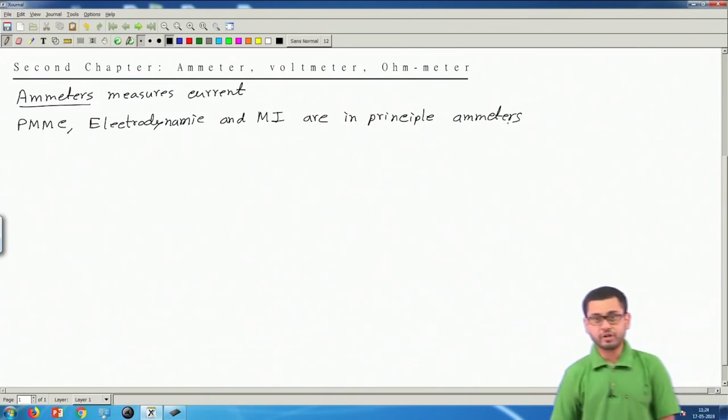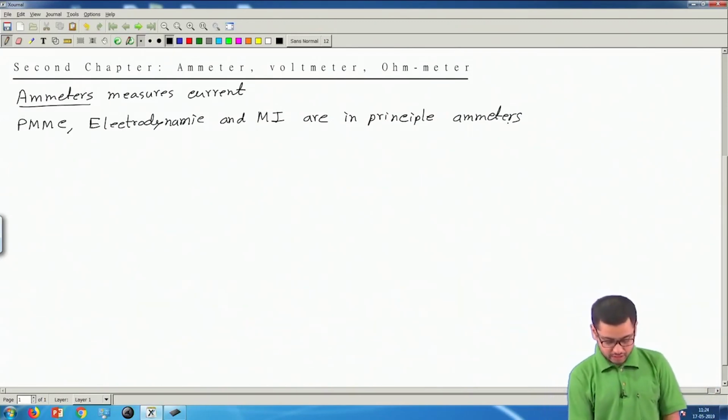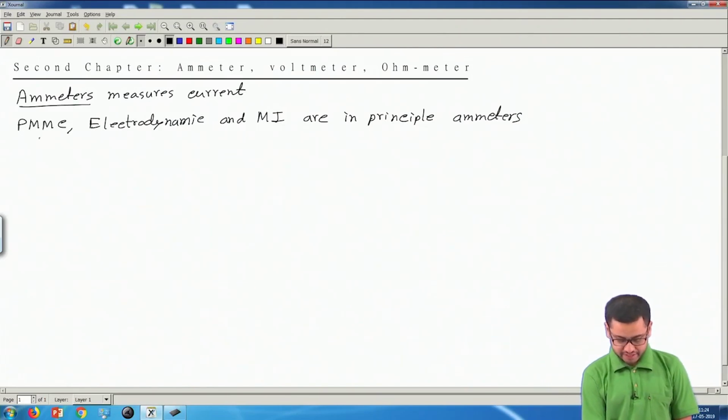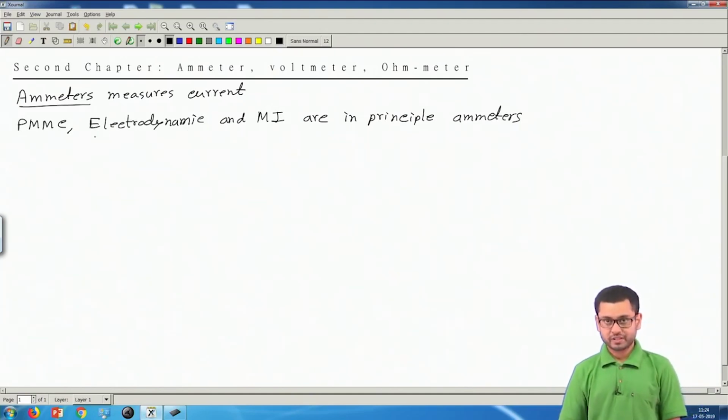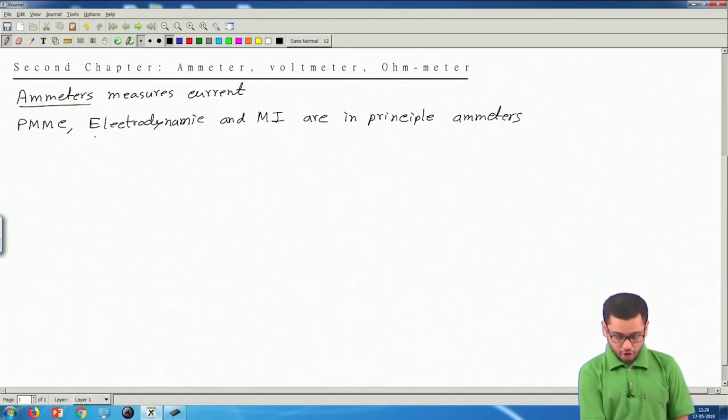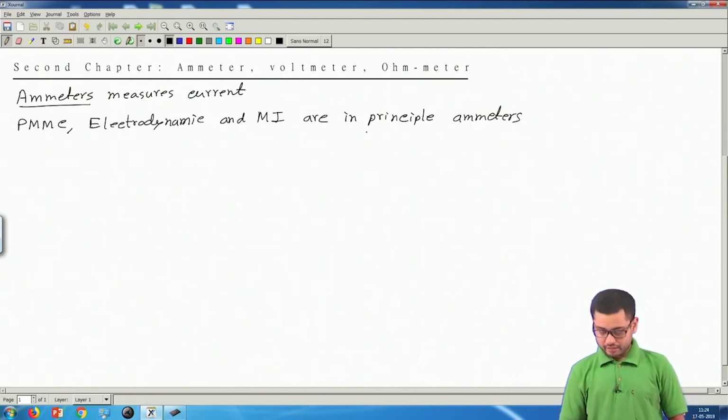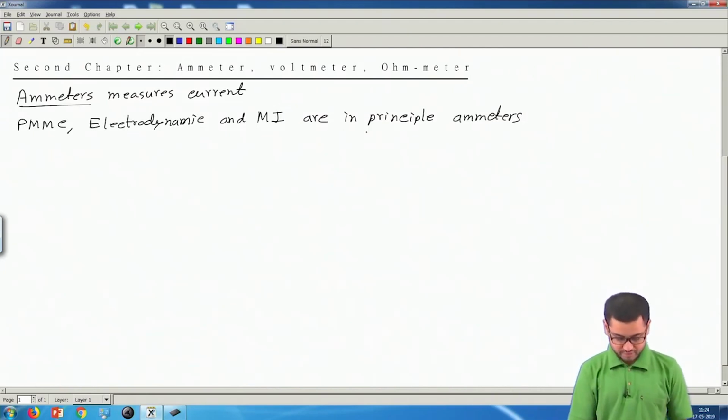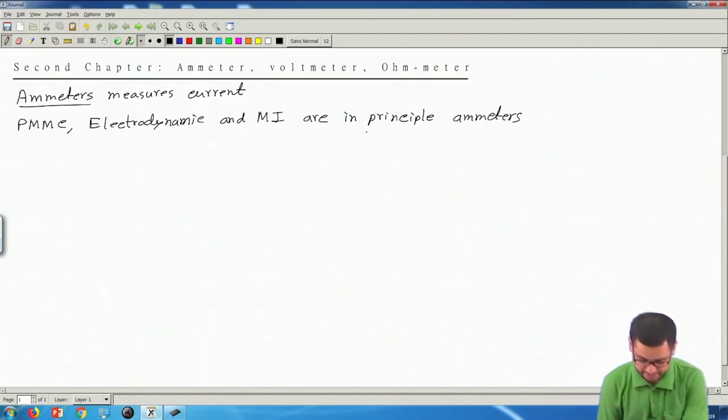Why am I saying so? Because if we pass any current through the coil or coils of these instruments, the pointer moves. The pointer responds directly to the current flowing through the coil or coils of these instruments. So, these instruments are directly like ammeters. We can measure current with any of these instruments.